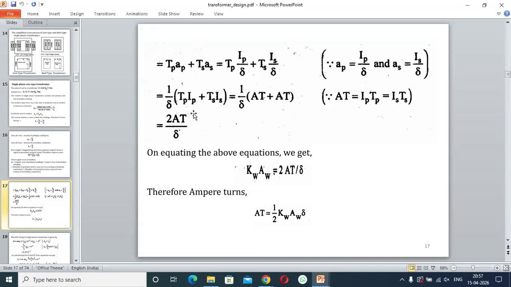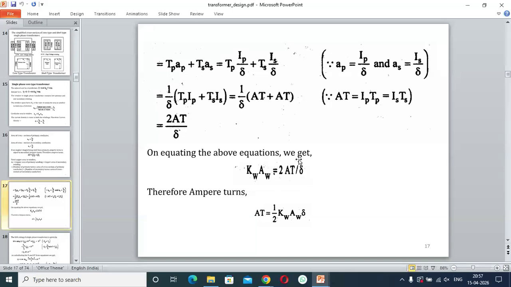So finally it is going to become 2 AT divided by delta. Equating this with the above equation, we are going to get KWAW, and that is going to become 2 multiplied with AT divided by delta. This is the total equation.